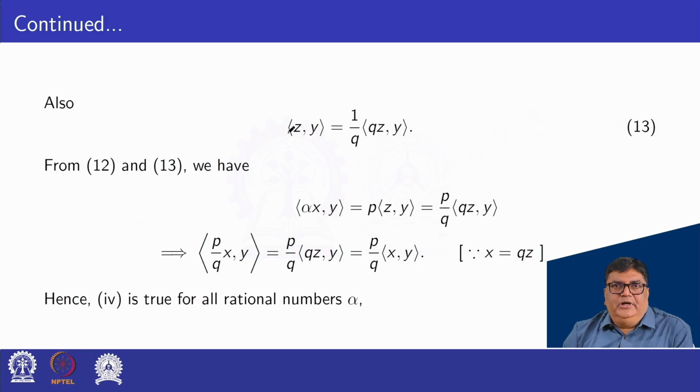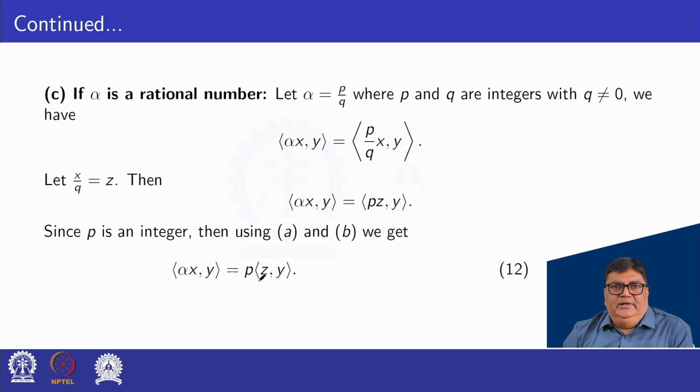Also, inner product of z, y can be written as 1 upon q into inner product of qz, y, because q is an integer. As per B and A, q can be written outside the inner product, so q by q cancels out and there is no change. So inner product of z, y can be written as this, equation 13.